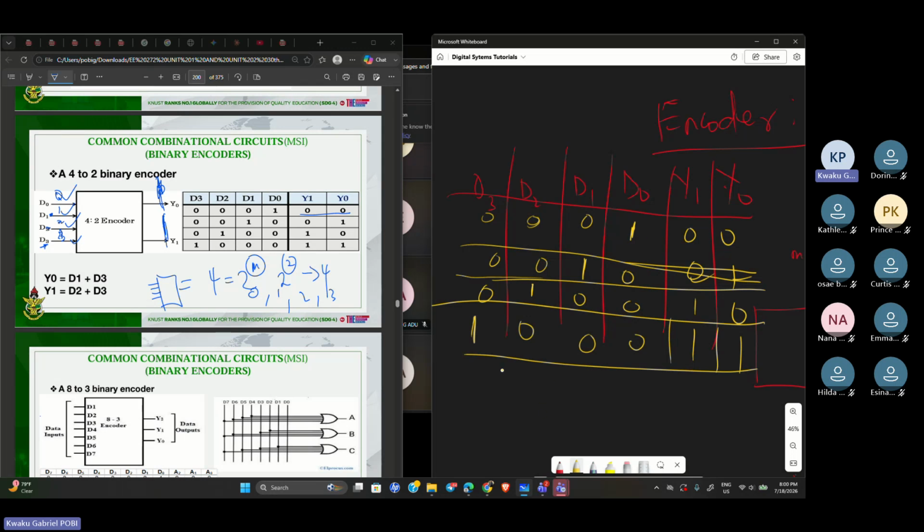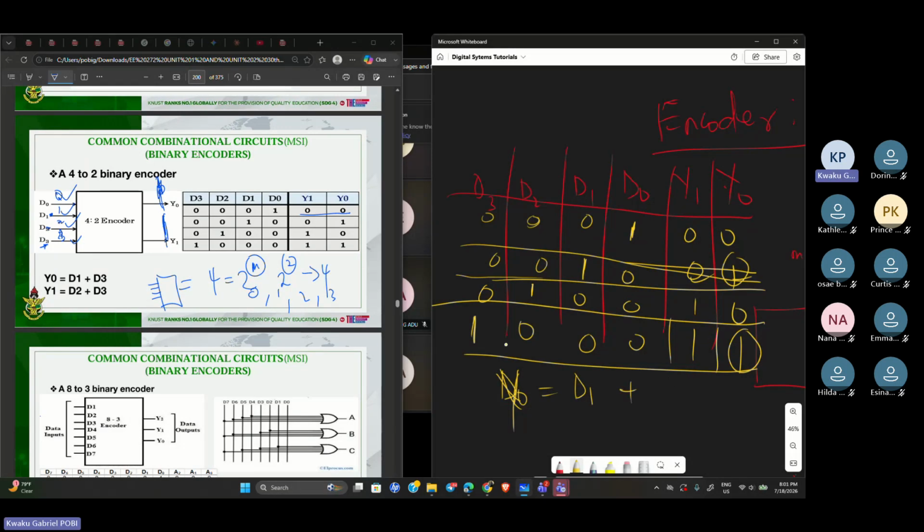And then you implement, here you want the Y0 and then the Y1. So if you want Y0, you check from here. Y0, where is the 1? Here and then here. There is only D1, right? So D1, all the rest are zeros. You can bar all of them, which is not really needed if you are using a simplified SOP.